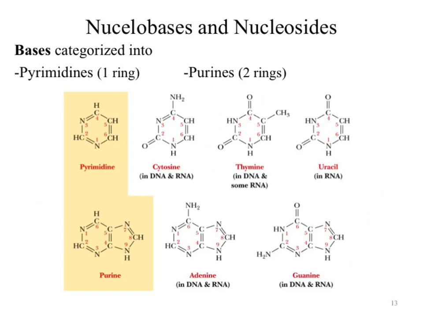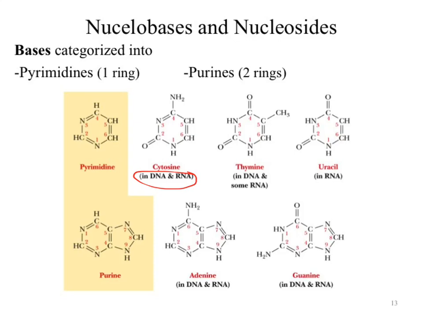We can really only use one set in DNA and one set in RNA. Your cytosine is used in both DNA and RNA. Your thymine is typically only shown in DNA, though it can pop up in your RNA. And then your uracil is only used in RNA.